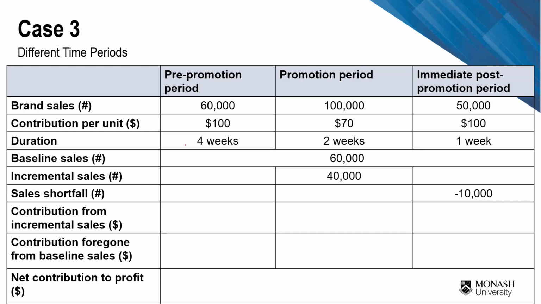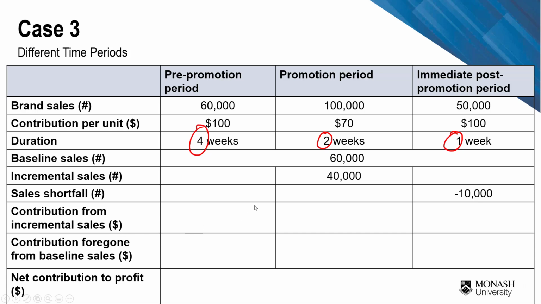Now there is the additional duration, which is 4 weeks, 2 weeks, and 1 week. Baseline is 60K, incremental sales is 40K. There is a sales shortfall of 10K. Okay, so these are all in units.